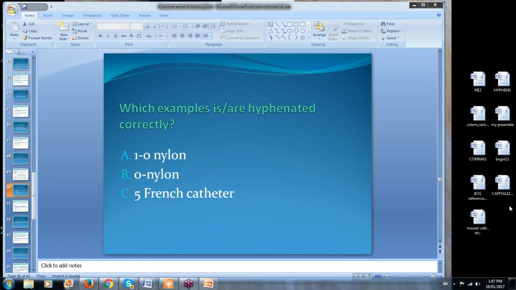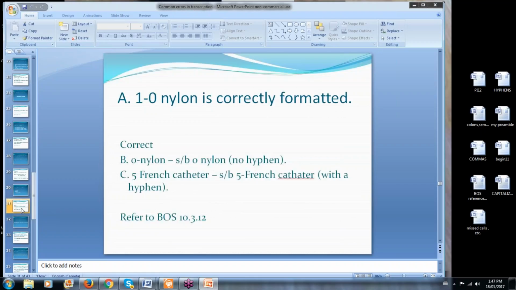That's right, A. 1-0 nylon is correctly formatted.